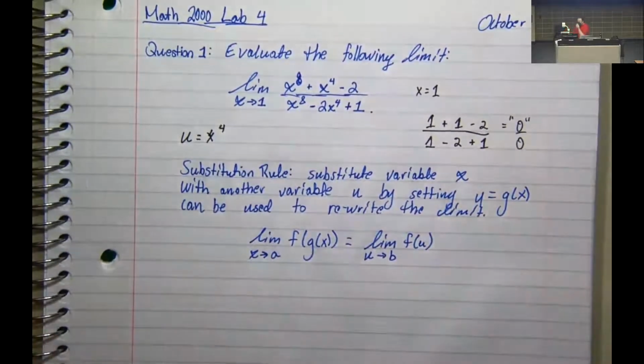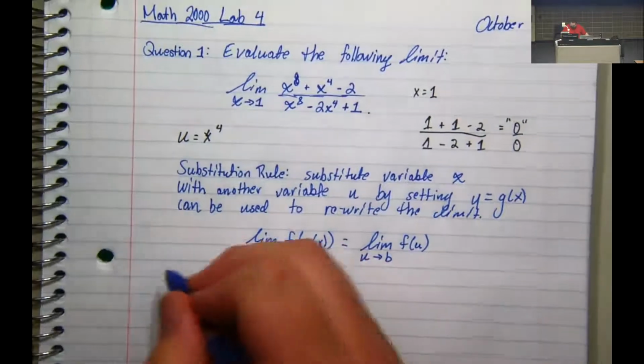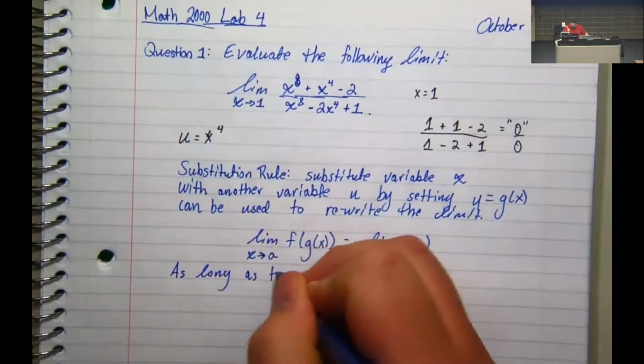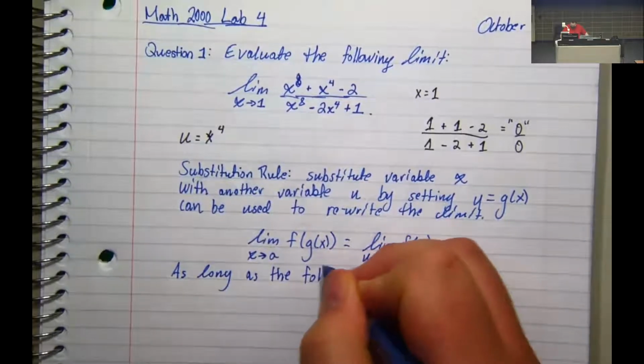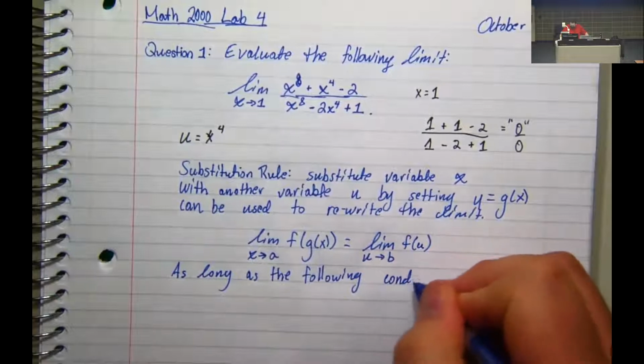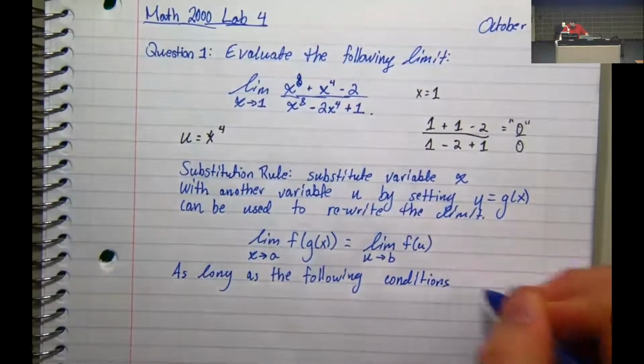And you might remember something very similar from the first week of lab, where we did this without having had the formal definition. We did it more intuitively, but now we're at the formalities of it. And so we can do this as long as the following conditions are met.